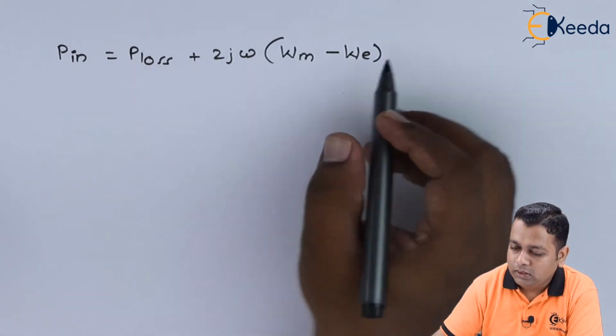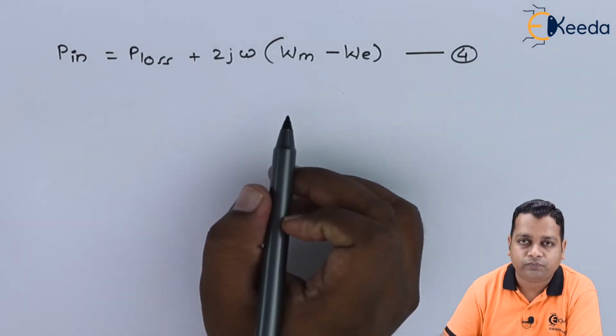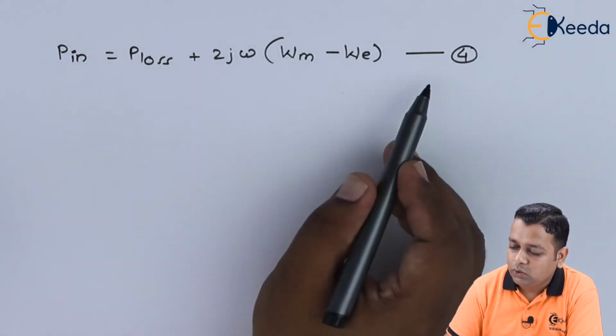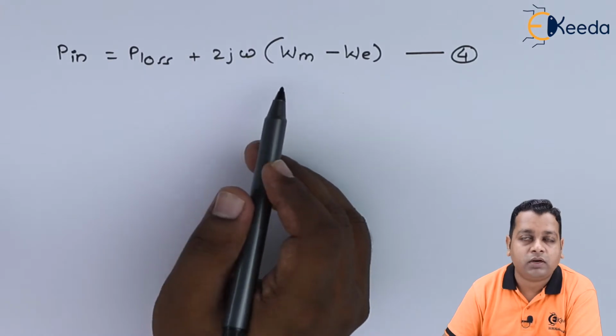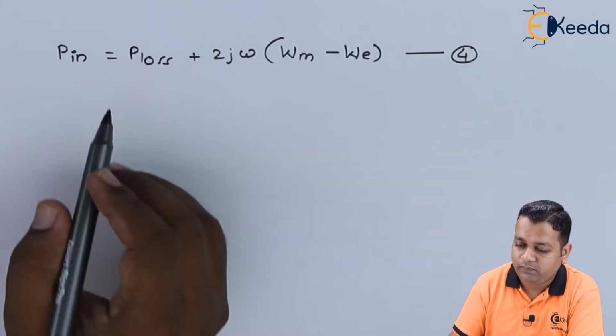Let this be equation number 4. This is identical to the form we discussed in the case of series resonant circuitries.